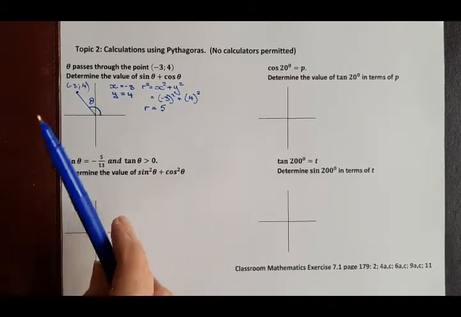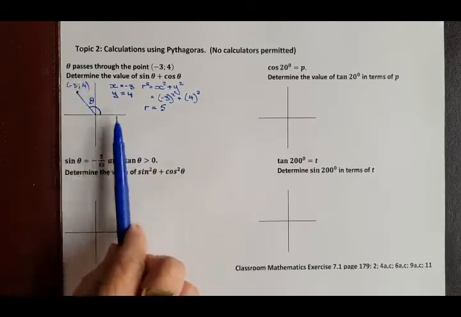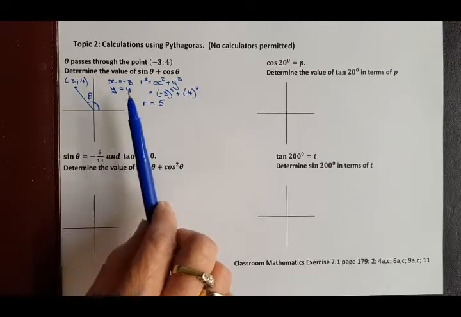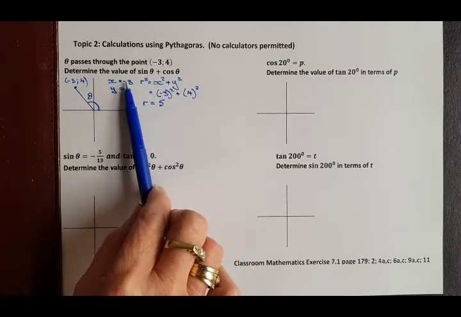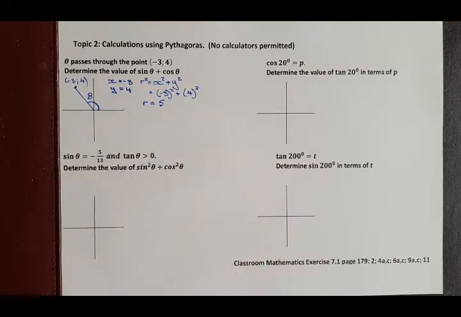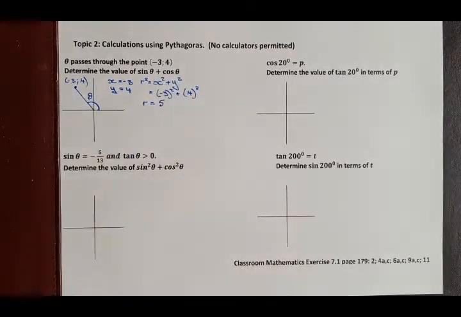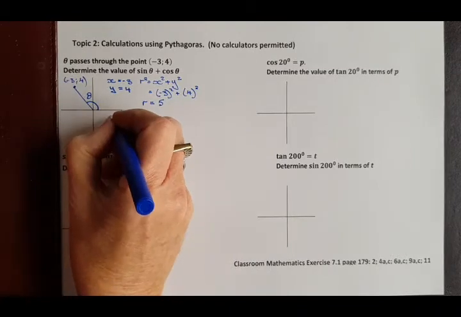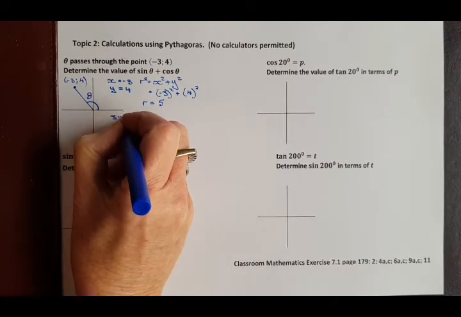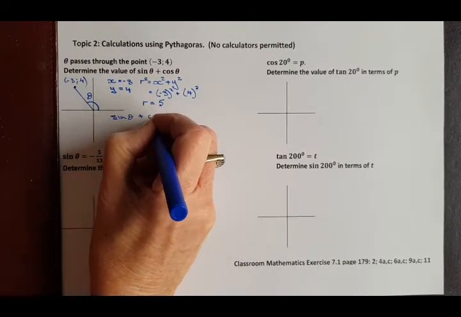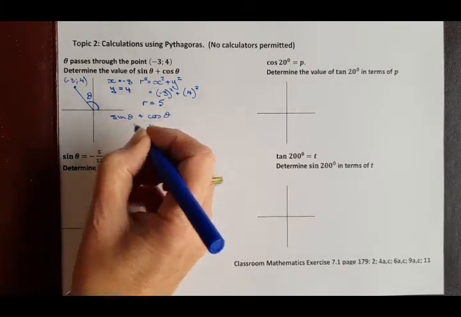So these questions boil down to doing a diagram to check what quadrant you're in, working out, in this case, r using Pythagoras, and then finally we are going to do a substitution. And in this case, we were asked to work out the value of sine theta plus cos theta.